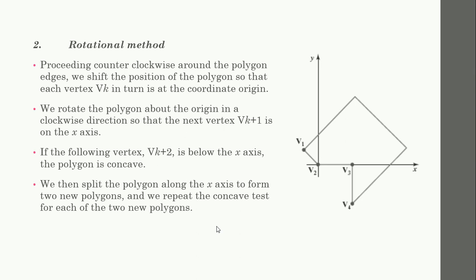If that v3 lies below the x-axis, then we conclude that the polygon is concave. Then, if vk plus 2 is lying below the x-axis, you have to split the polygon along the x-axis to form two new polygons, and we repeat the concave test for the new polygons you have got. Let me take one example in the next slide.